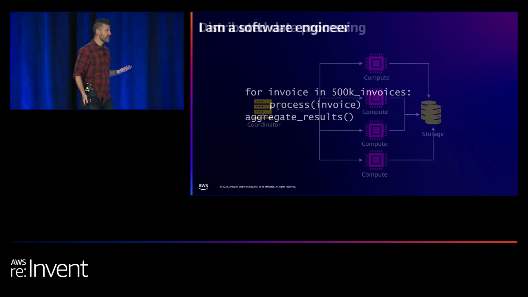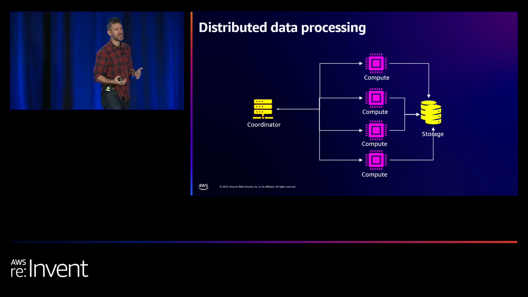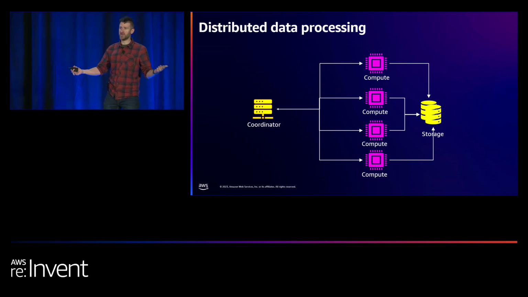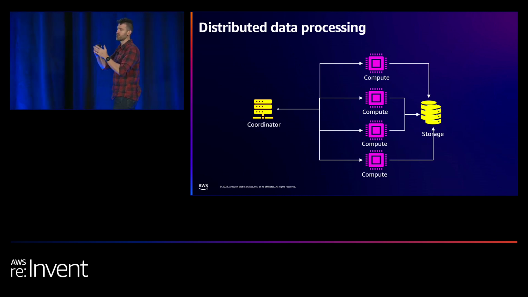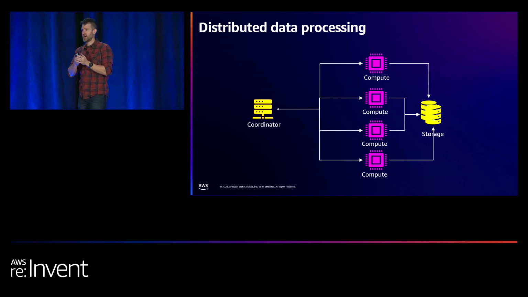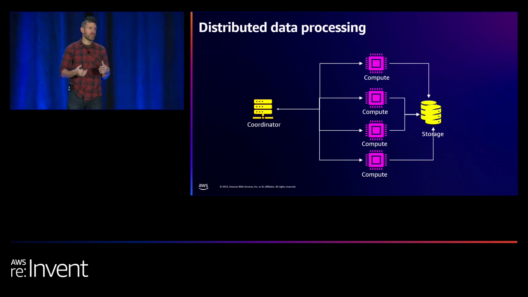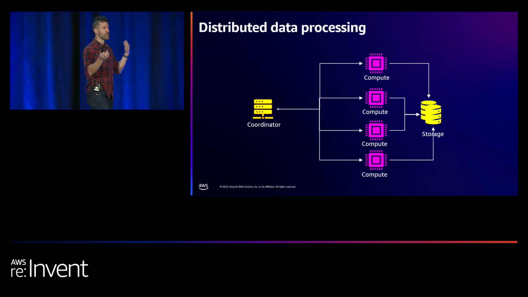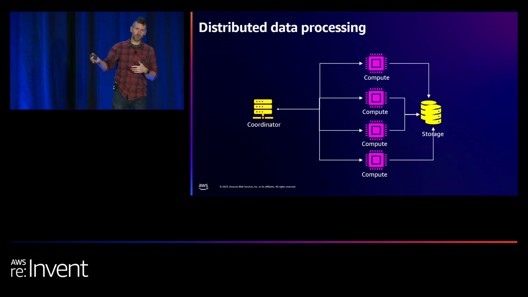This type of scale is generally what leads folks to distributed processing, right? We're going to break up those 500,000 invoice files that we need to process across multiple compute nodes. We're going to have a coordinator, which is going to serve a number of functions.